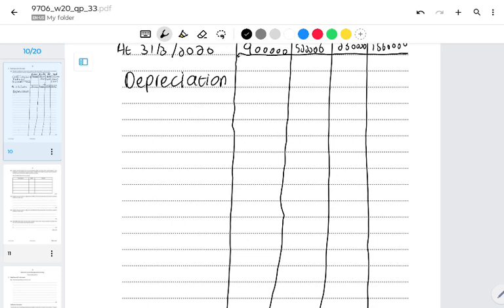Depreciation at 31st April 2019. $72,000. 184,000. 103,000.